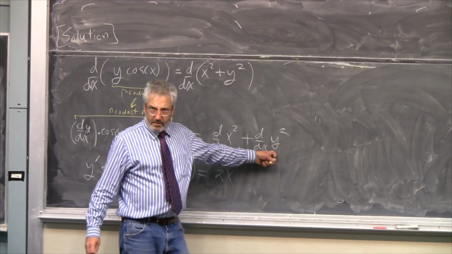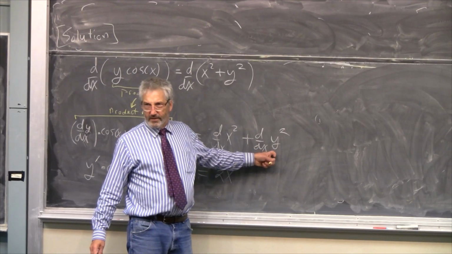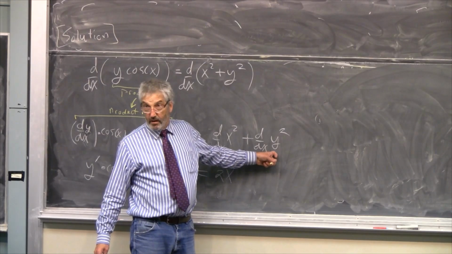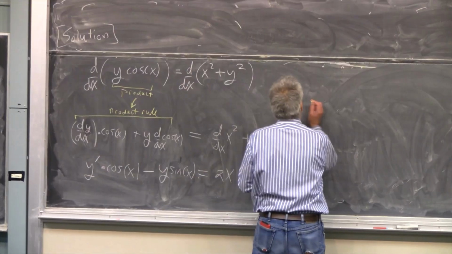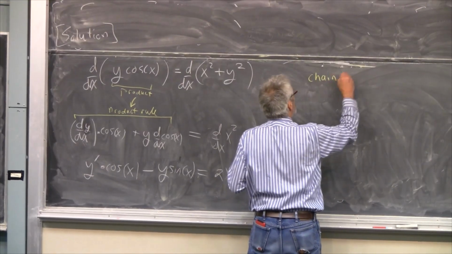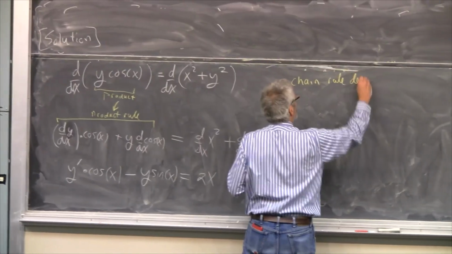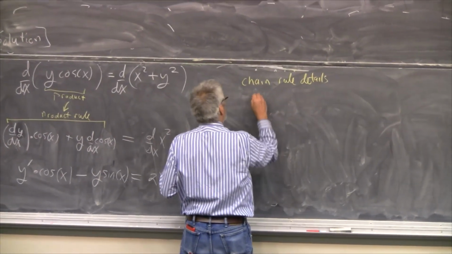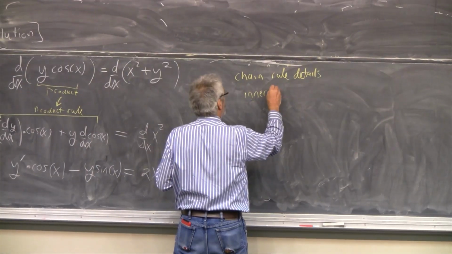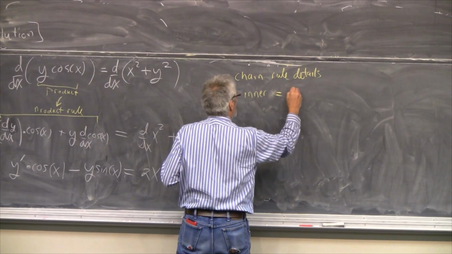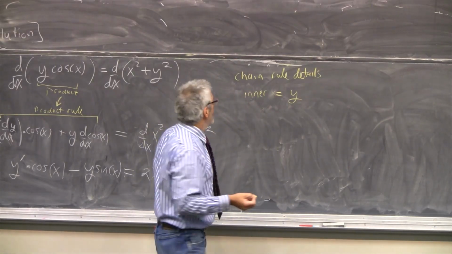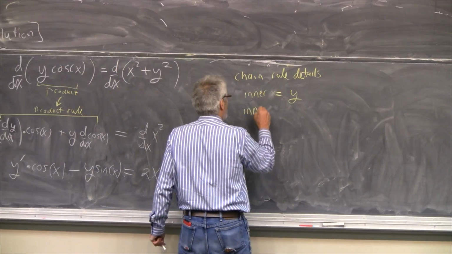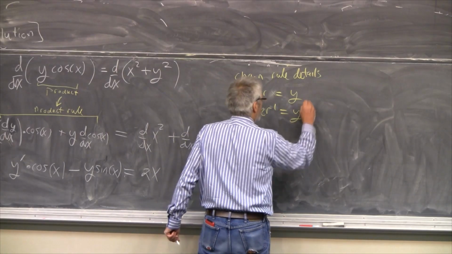But the thing is here, the derivative of y squared is not just 2y, because y itself is a function. So I have a function inside of a function. So I could think of this as a chain rule problem. My inner function is a function of y, and inner prime is y prime.